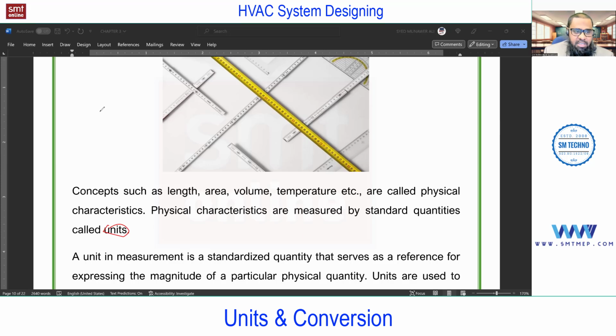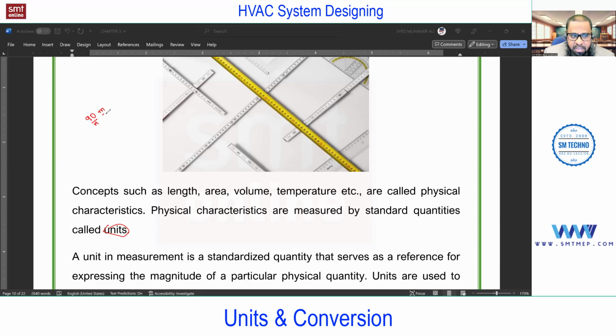For example, if I write 90, it's a number. It can be length, area, your age, anything, or a currency like rupees. So we can call this a magnitude. And a magnitude requires a unit; only then does it become a physical characteristic. Without the unit, the magnitude doesn't have any physical meaning. For example, if I write 90 meters, now it is a length, right?